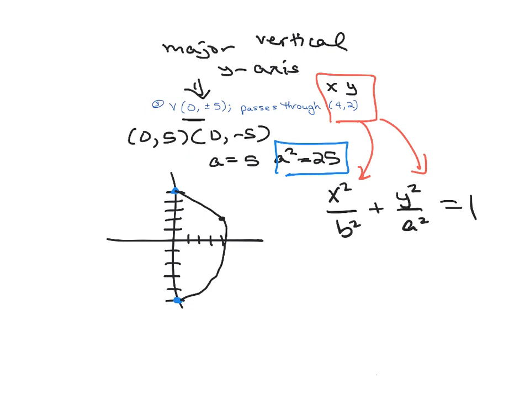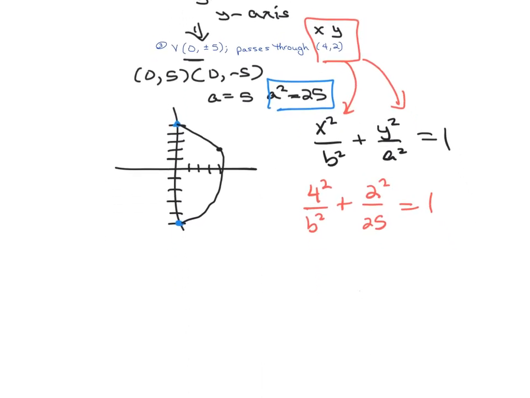So x is 4, I'm going to square it. Y is 2, I'm going to square it. And then I don't know b squared, this is what I'm working towards. And then my a squared is 25. So let me go ahead and square these. I get 16 over b squared, 4 over 25.